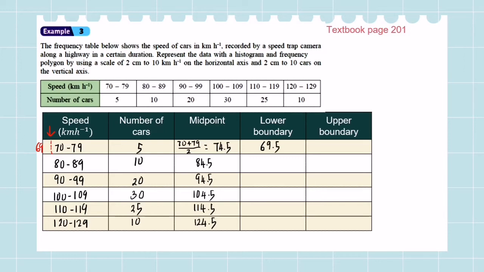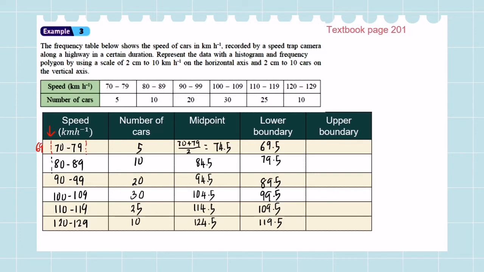So the lower boundary for class interval 80 to 89 is 79.5, 89.5, 99.5, 109.5, and the last one is 119.5.